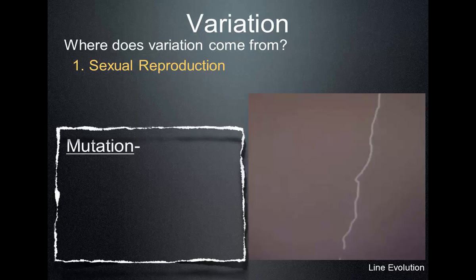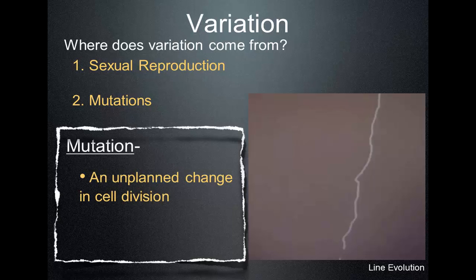The other part is through what we call mutation. And you probably have the wrong idea of a mutation. You're thinking like X-Men or Teenage Mutant Ninja Turtles. A mutation is not a magical superpower that is acquired. Mutation is something much simpler.